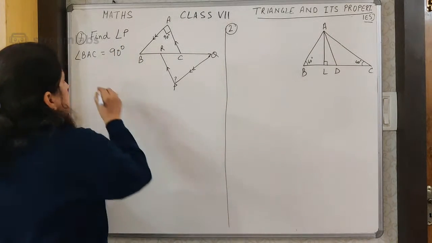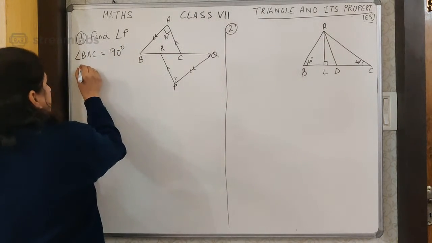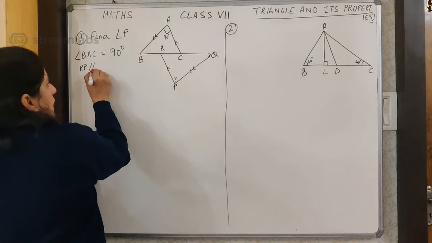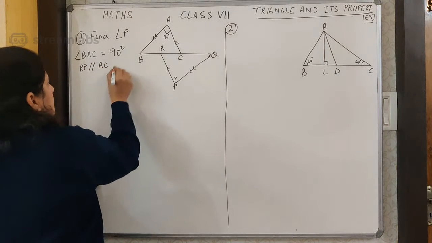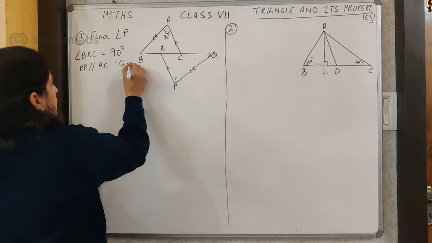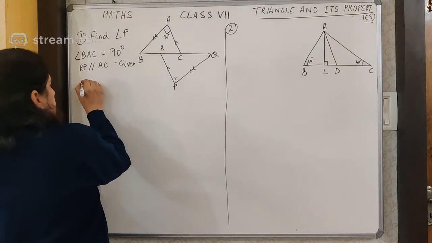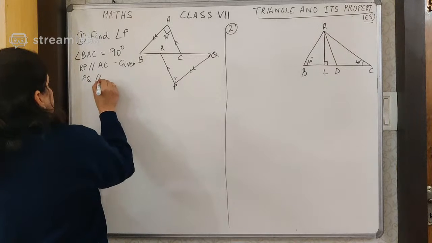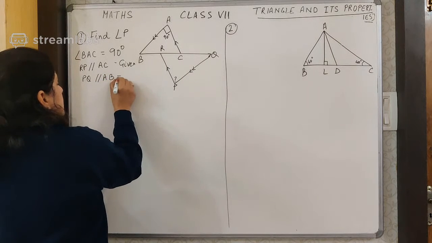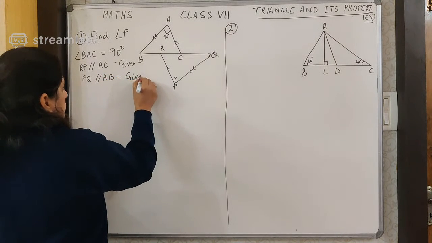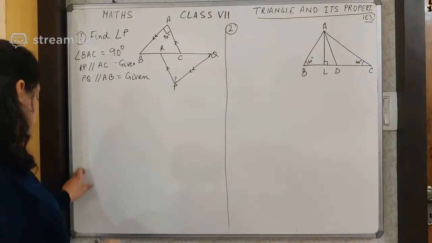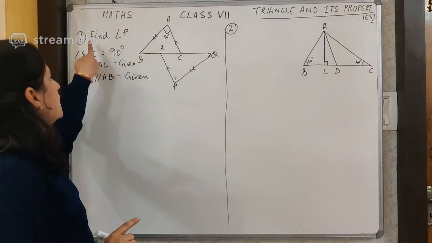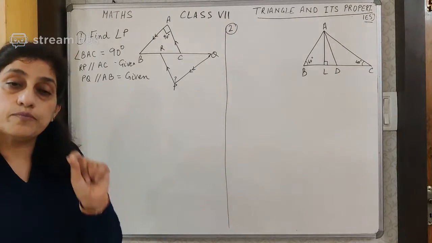This is given to us. RP is parallel to AC is given to us. And PQ is parallel to AB is also given to us. This is the information which is provided to us in the question, and we have to find angle P.